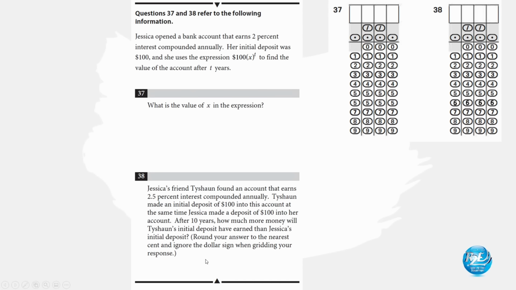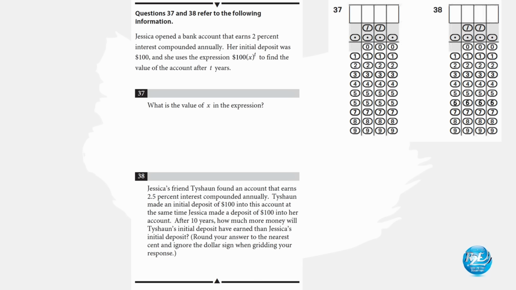As usual, let's start by reading the question. Jessica opened a bank account that earns 2% interest compounded annually. Her initial deposit was $100, and she uses the expression 100 times x to the t power to find the value of the account after t years.